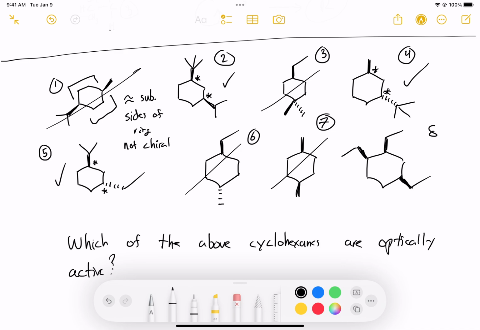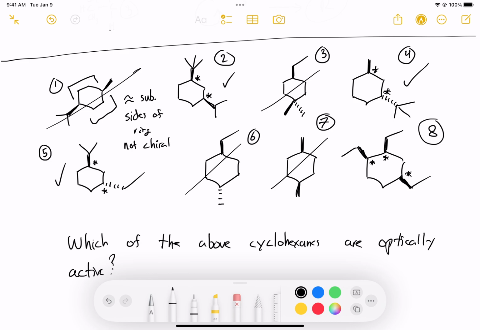And then for 8 here, all right. So we have potentially 3 stereocenters, right? 1, 2, 3. So we look at the 2 ethyl groups at the top left here. They don't have the same size as substituents.